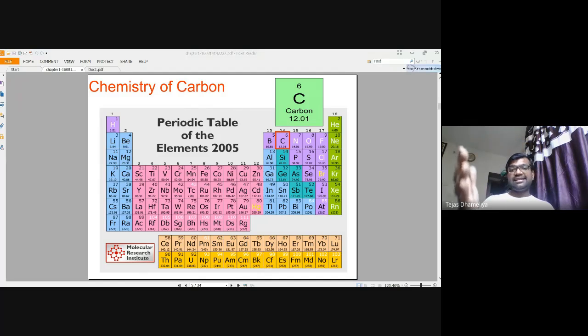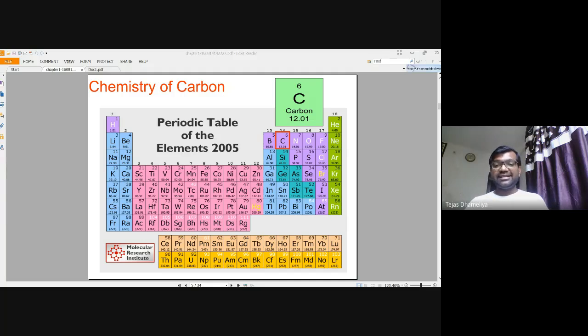So what is 6? 6 is the atomic number of carbon, and 12 is the atomic weight, because carbon possesses 6 electrons in its outermost periphery and 6 protons as well as 6 neutrons in its nucleus.